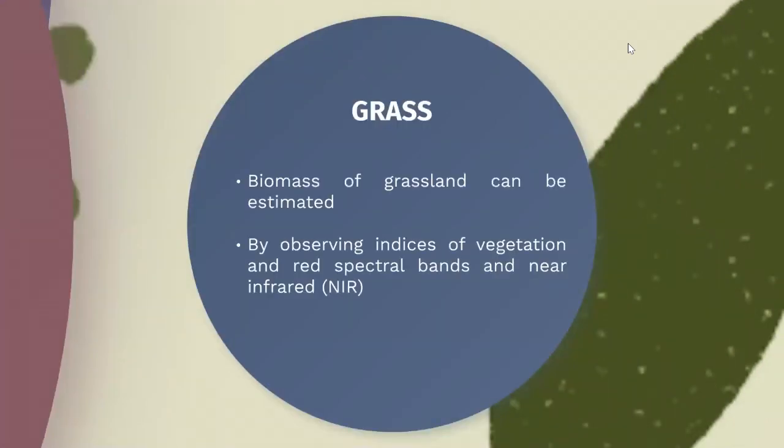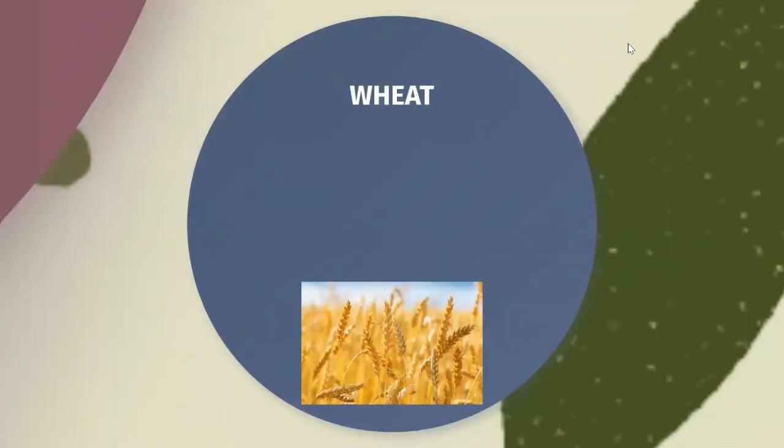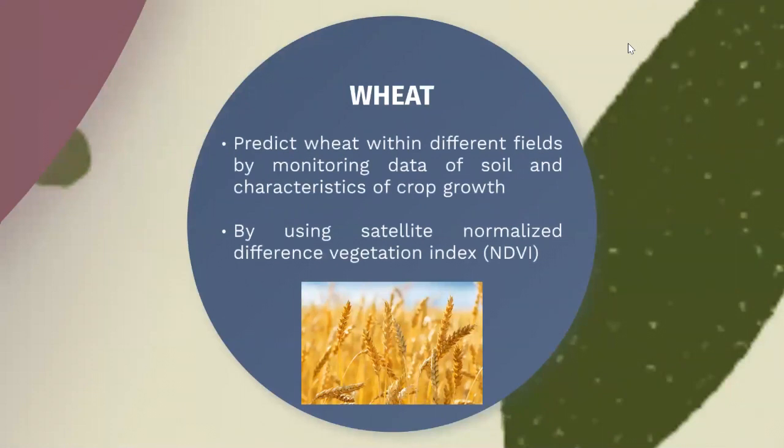Biomass of grass and sand can also be estimated by using this model. This can be done by observing indices of vegetation and respective bands and near infrared. This model can be used to predict weight within different fields by monitoring data of soil and characteristics of growth. This can be done by using satellite normalized difference vegetation index (NDVI).